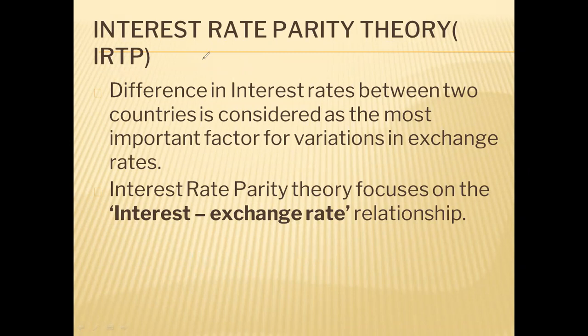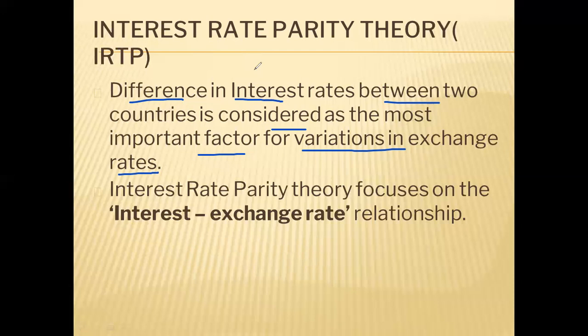Now, this theory says that the difference in interest rate between two countries is considered the most important factor for variation in the exchange rate. Interest rate will be different in two countries. Interest rate means if you make an investment in a country, you will get interest.